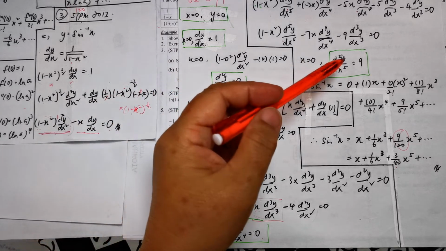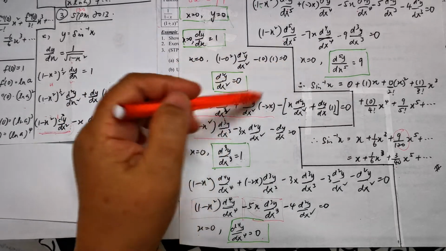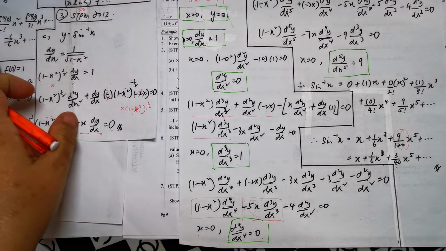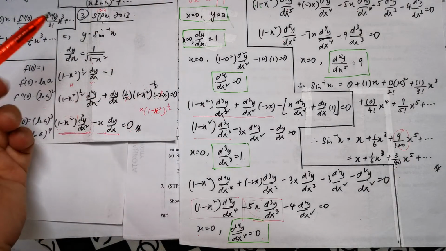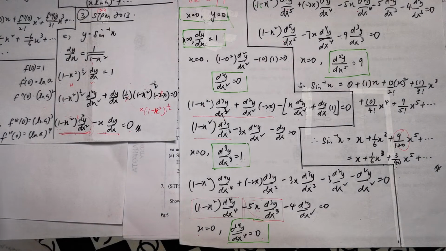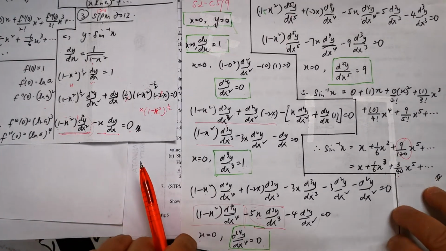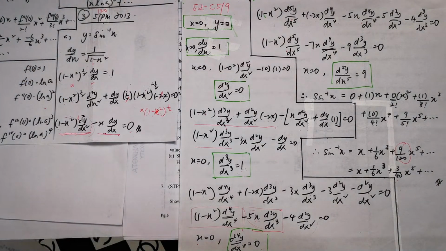But you will lose the marks for the values. You will lose this mark. Okay? So be very careful when you have a question like this, or many terms. All right? Okay, so this is the whole solution for the STPM 2013 question.